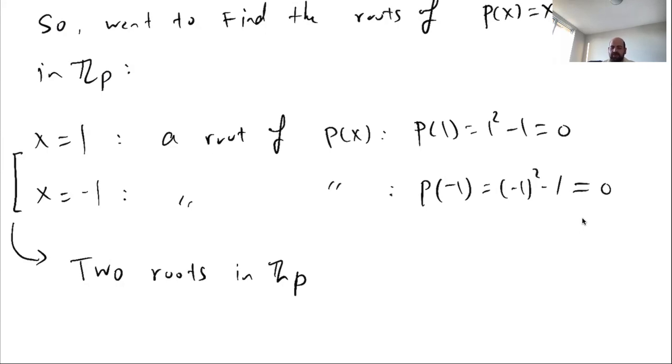Because if you add p to a number, it's like adding 0, right? P is 0 mod p. So when you add p to a number, it's like adding 0 to a number, which I am, of course, allowed to do. So when I say x equals -1, I can also replace it with p -1.